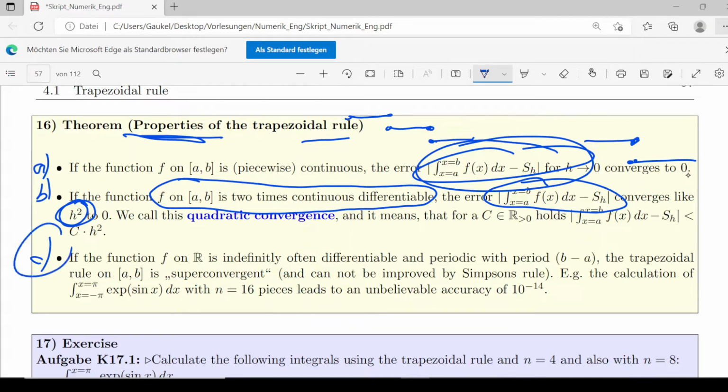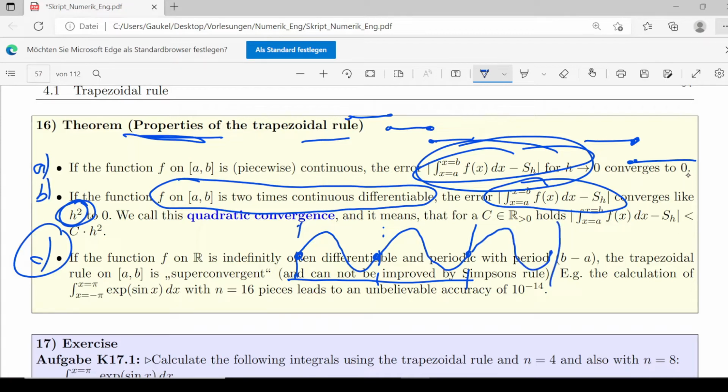Now let's talk about C. If our function is periodic and the integration interval is 1 period, so for example something like that, and then it continues here with a copy of that, and again a copy and so on.